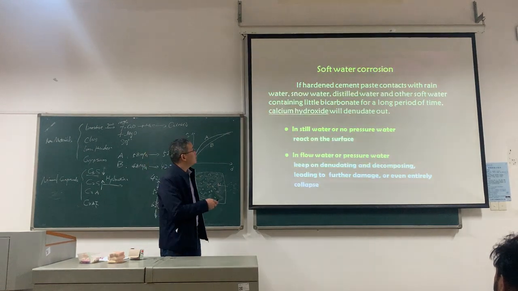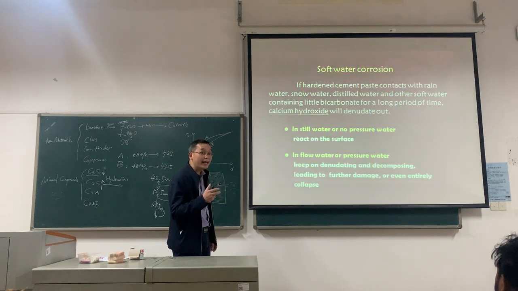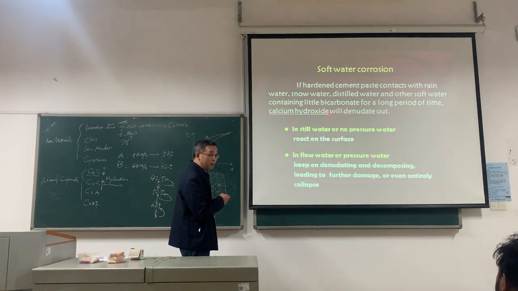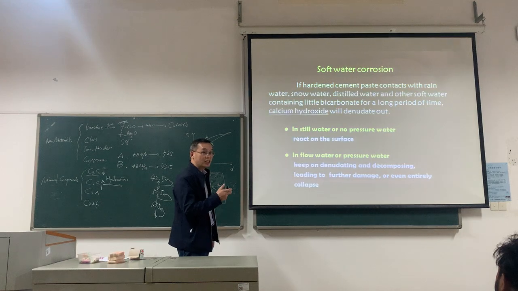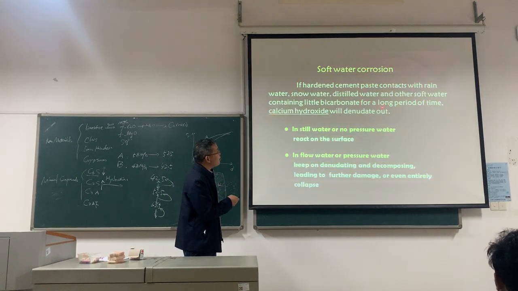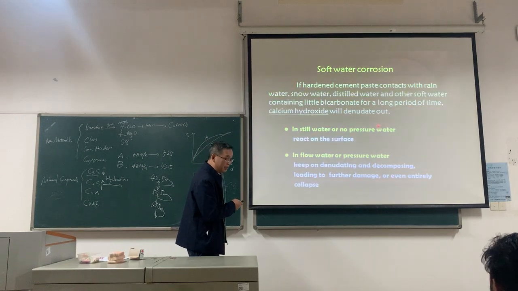So if hardened cement paste contacts with rainwater, lake water, snow water, distilled water, or other water containing little bicarbonate, which means the content of the bicarbonate is very small, for a long period of time, the calcium hydroxide will denudate out.